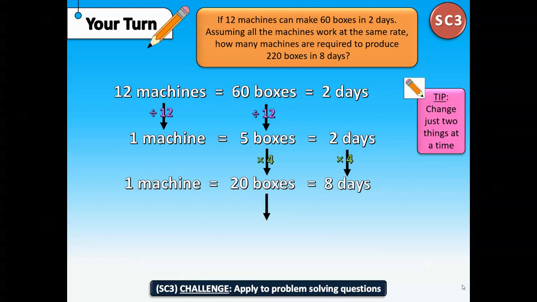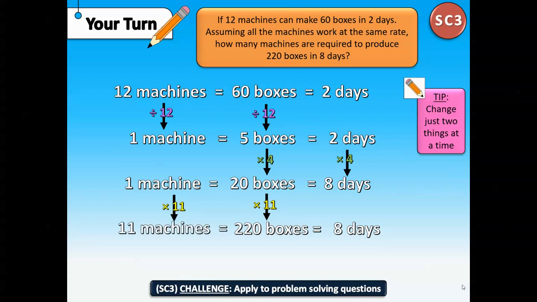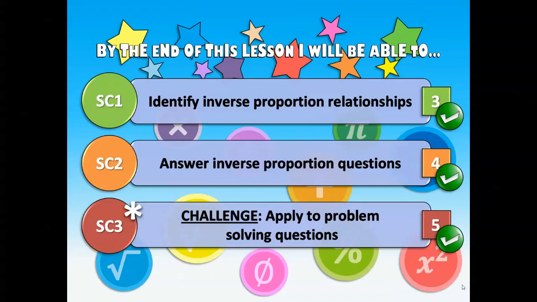Now we need to produce 220 boxes, so we times by 11. So we'd need 11 machines to produce 220 boxes in 8 days. And now we've completed success criteria 3.